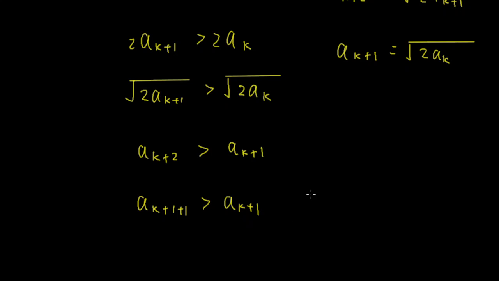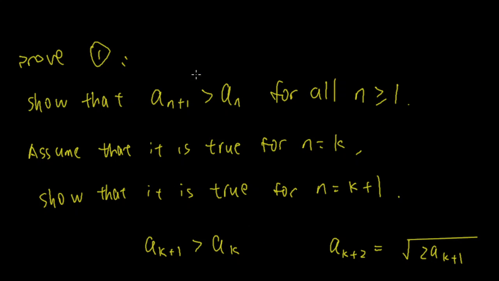So now we basically show that, right? This is true for n equals to k plus 1, right? Because k plus 1 here is equal to n, and k plus 1 here is equal to n. Then we have a sub n plus 1 greater than a sub n, which is the same as here, right? Which is what we are trying to show right now.